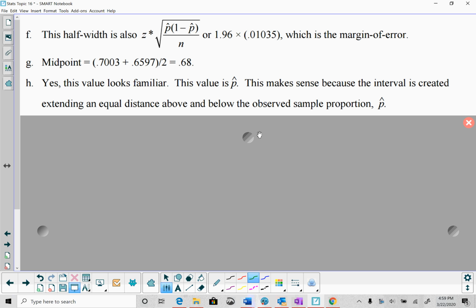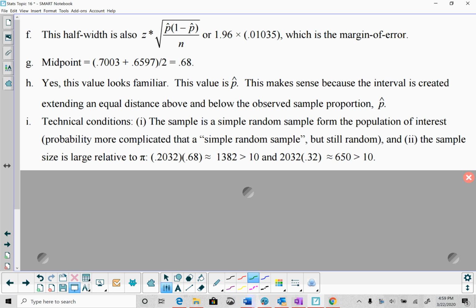For part I, what technical conditions underlie the validity of our lovely procedure here is, well, it was a simple random sample from the population of interest, and the sample size is large enough. And again, we crunched those numbers earlier.